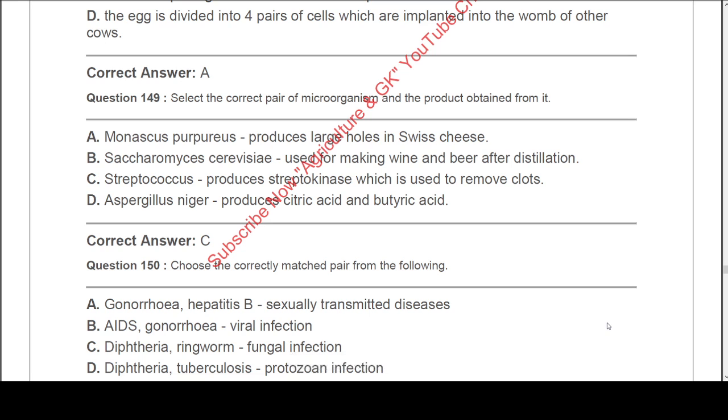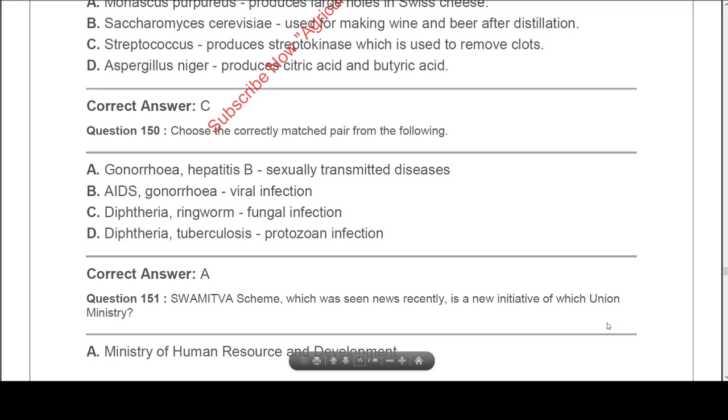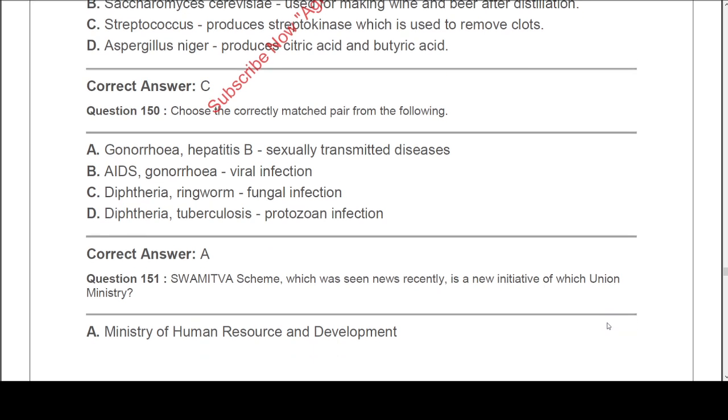They are asking for the correct pair. So it is option C. Streptococcus produces streptokinase, which is used to remove clots. Choose the correctly matched pair from the following. It is option A. Gonorrhea and hepatitis B are sexually transmitted diseases.